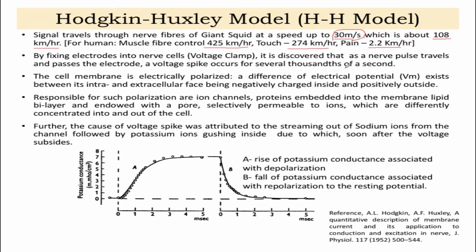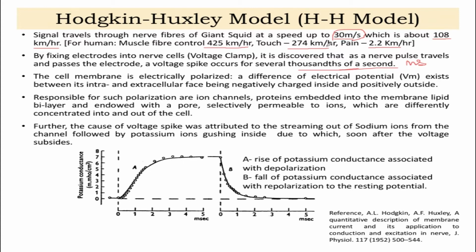Now, by fixing electrodes into the nerve cells, which they call voltage clamp, they have been able to excite the cell, and they can see this spike which generally occurs at the millisecond level, thousandths of a second. At the millisecond level, this reaction happens.